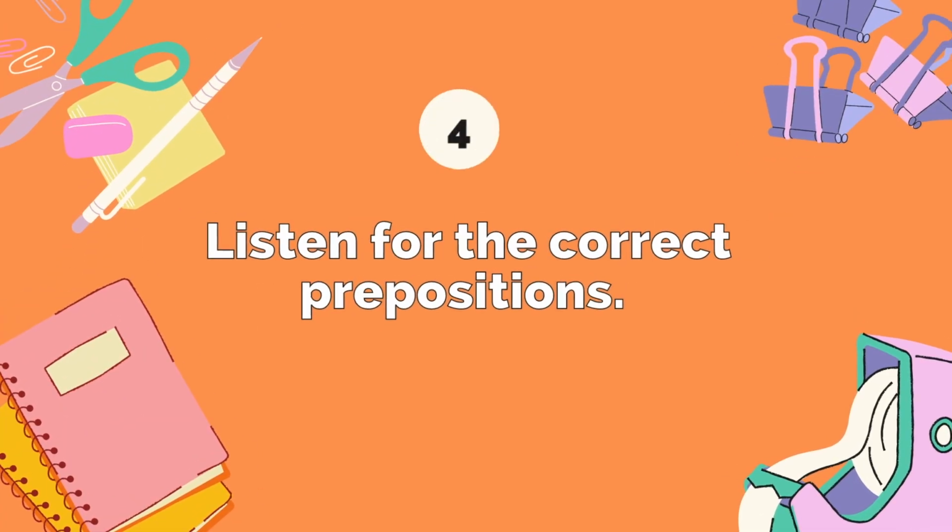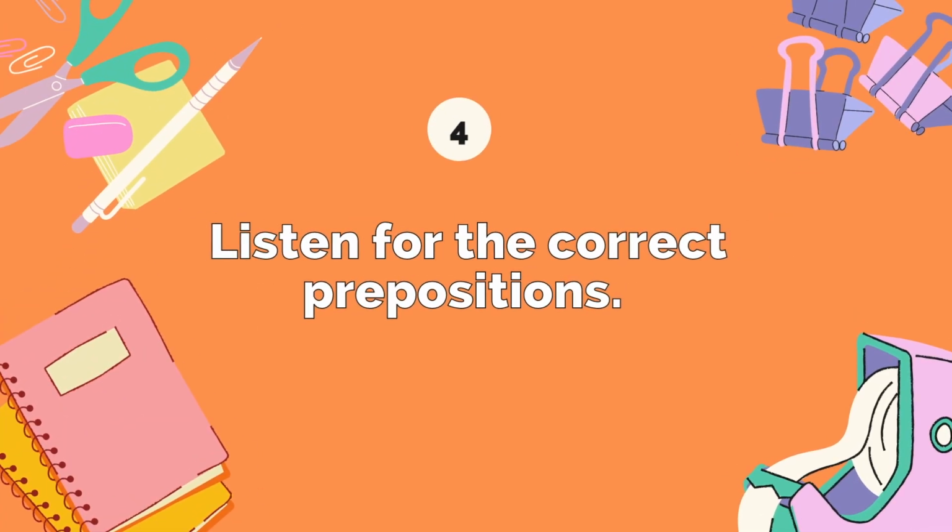My fourth strategy for the photograph section is to listen for the correct prepositions. A final common type of statement in Part 1 of the TOEIC Listening and Reading test is those that test your understanding of position and direction. Being familiar with words and phrases used to describe where things are and where they are going will definitely help you to do better on this part of the test.